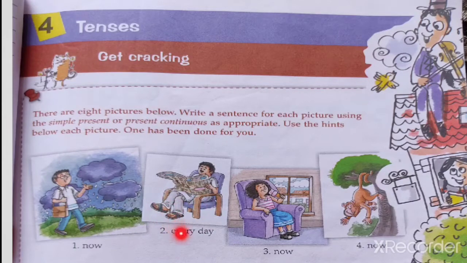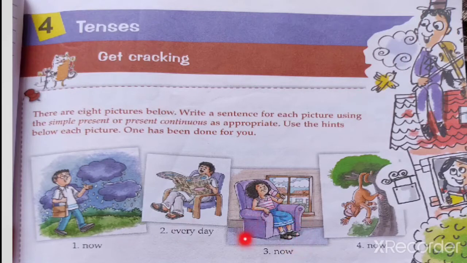So we can write here that here is a man, so we can use "he". He reads the newspaper every day. Or if you just say "he reads a newspaper", then full stop. So here the action which happens every day, which we are used to doing, for that we have to use simple present.